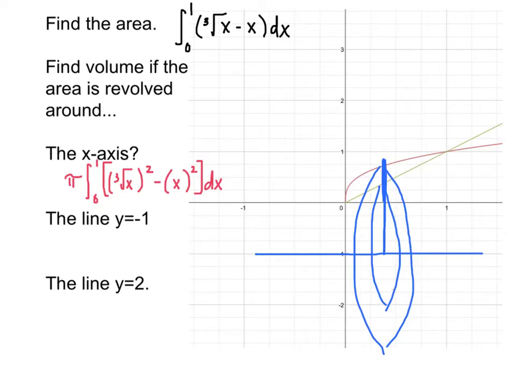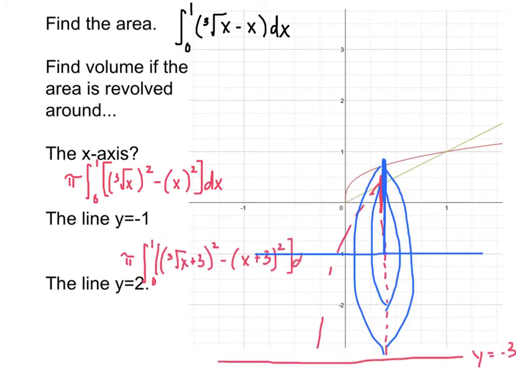Each radius I made 1 unit bigger than it used to be. The big radius used to just be cube root of x, but now it's the cube root of x plus 1. So if you're revolving around something below the axis, you're making the radius bigger. So we need to reflect that.